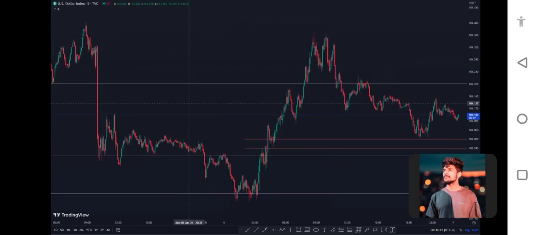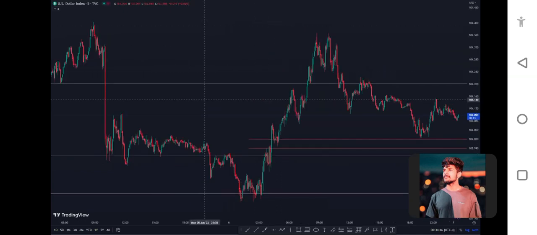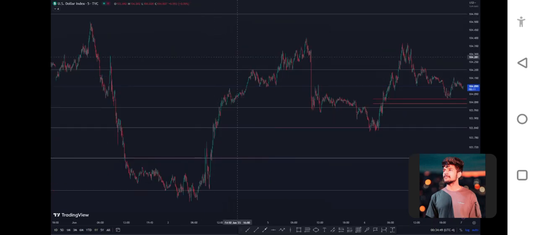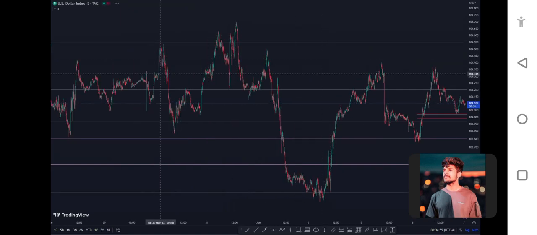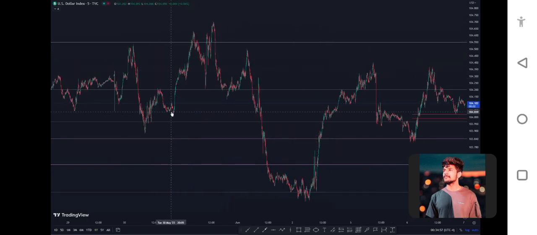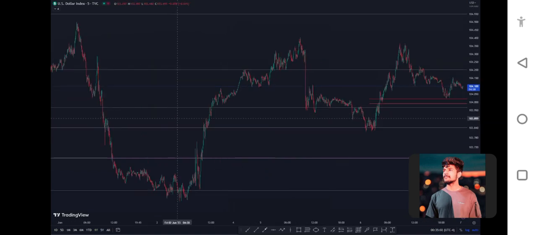Still looking for the upside move, because the next round liquidity for me is, look at this, all the lows, so the lower lows. So I think the market will draw the price there.